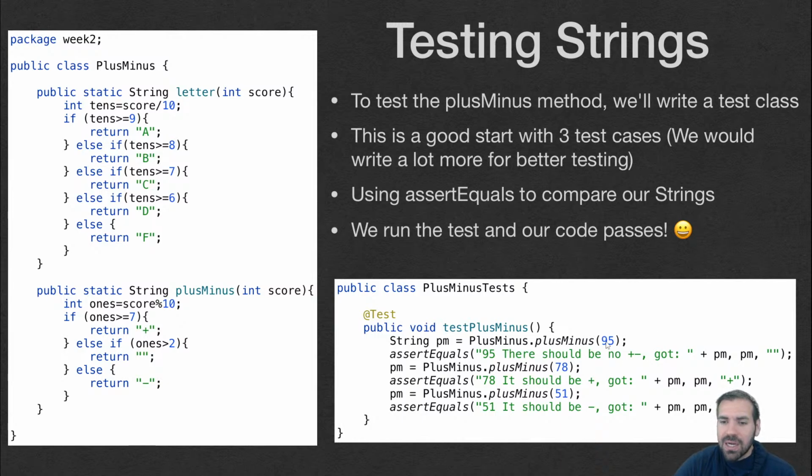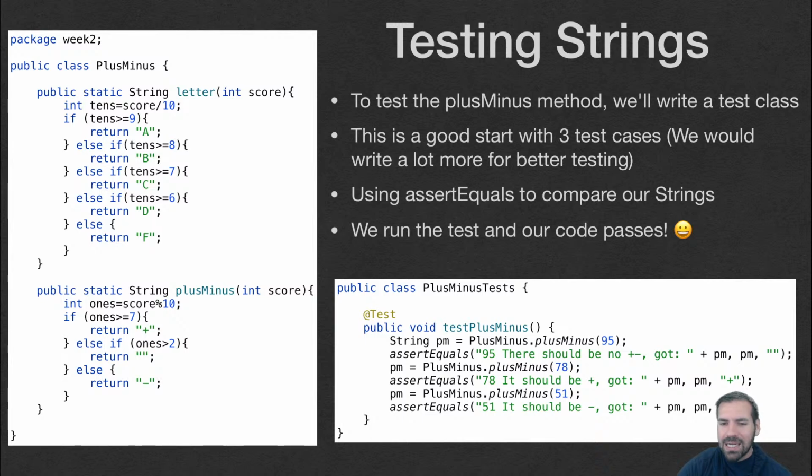So this is a good start. We're going to call our method on these three inputs with 95. I expect no plus or minus, and I'm going to have my hint text here. In PM, where I'm capturing the output, should be empty string, so I'm going to assert that it equals the empty string. I'm using assert equals, so I don't have to worry about dot equals for my strings. Assert equals is going to call dot equals.